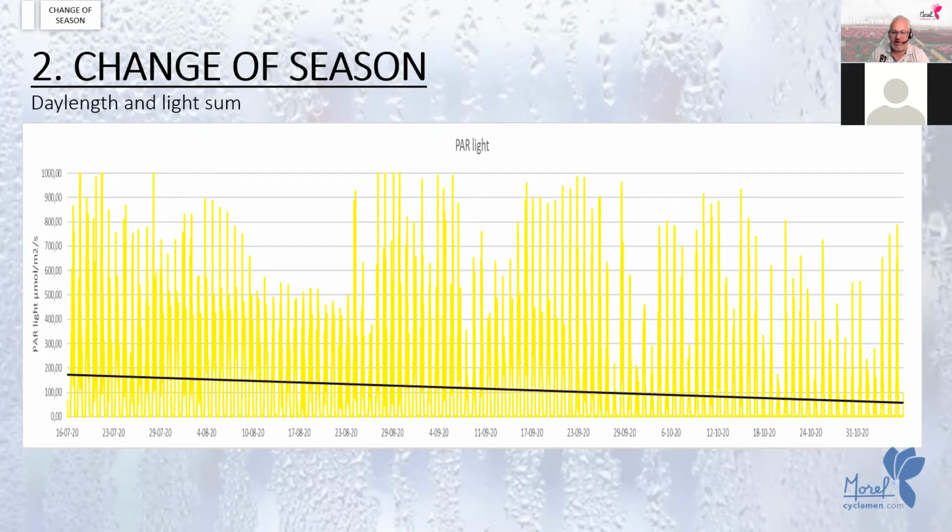Actually, in around November time, the light levels are so low that very little flower buds and leaves will be developed because of the low energy levels we have then. But the leaves and flowers that are already formed and are present in the growing tip will grow out even at the lower energy levels during winter time.